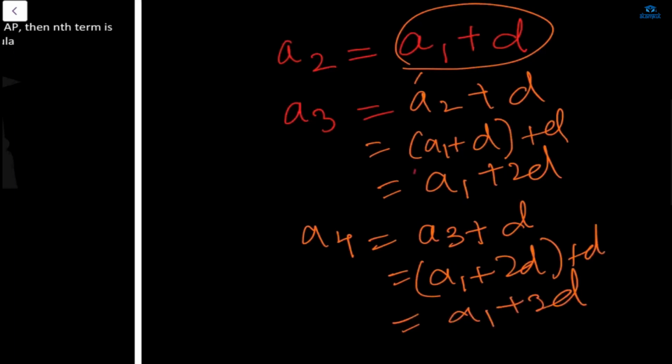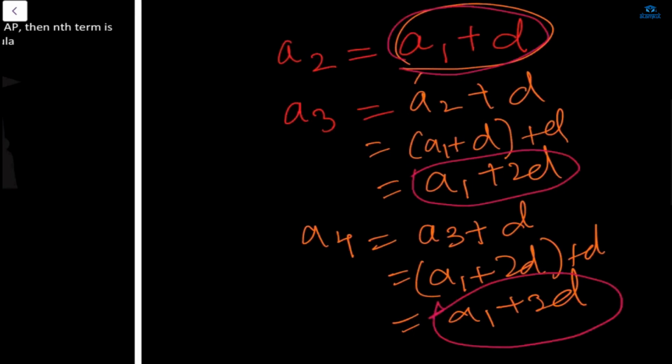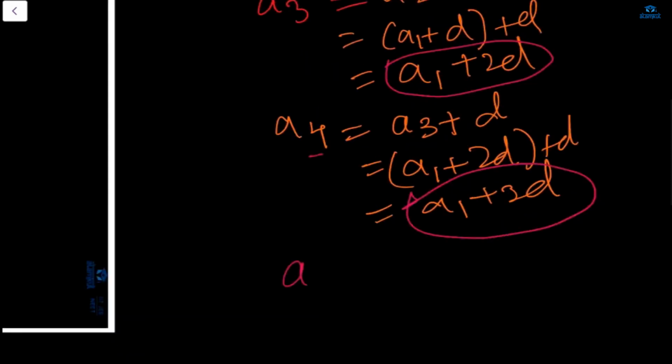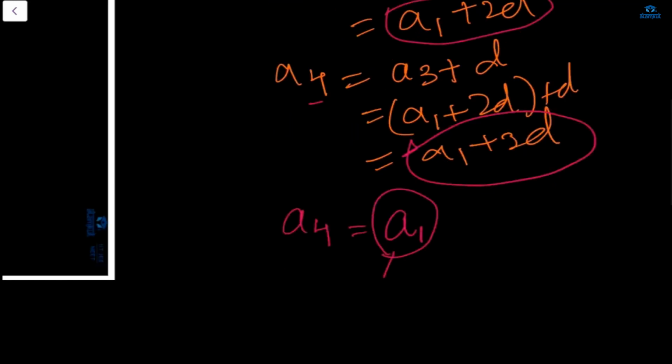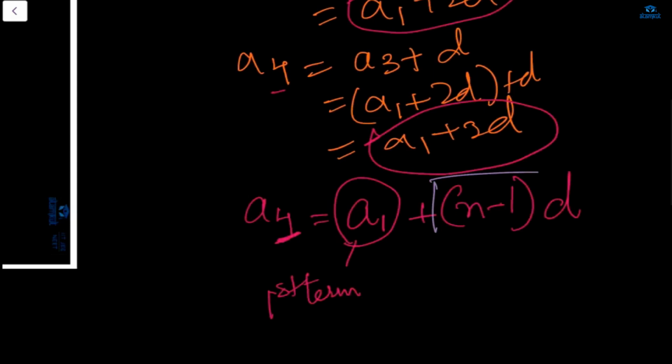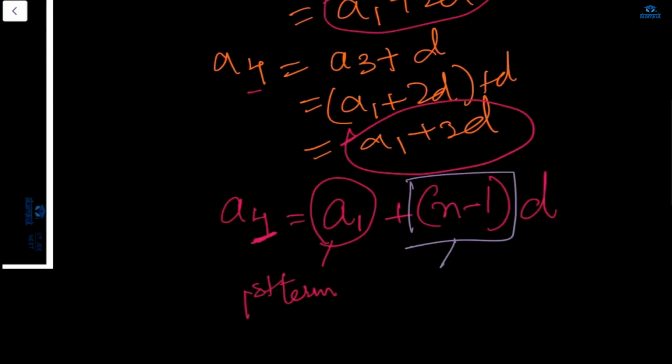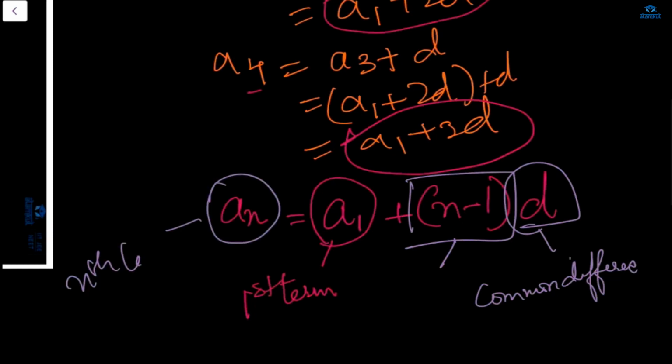So check what you are getting. If you are finding A4, we write A1, the first term, plus 3D. If you are finding AN, it will be (n minus 1) D, where D is the common difference and n is the nth term, any nth term.